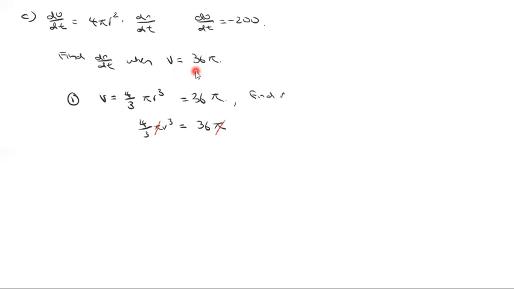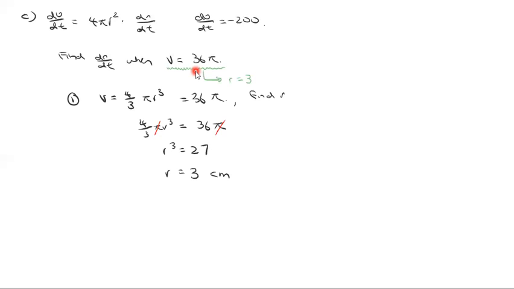If we multiply 3 across and divide by 4, then you'll get 27. And if r cubed is 27, then r must equal 3. Centimeters is implied, given that everything is in centimeters right now. Does that make sense? So this is the condition they've given you directly, but it also tells you the condition that r equals 3 that you have to work out.